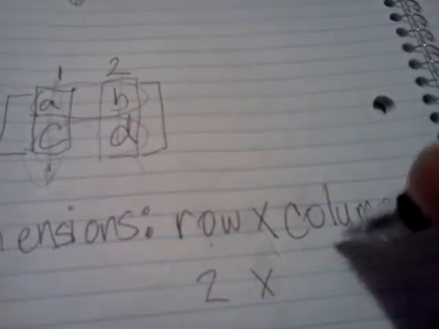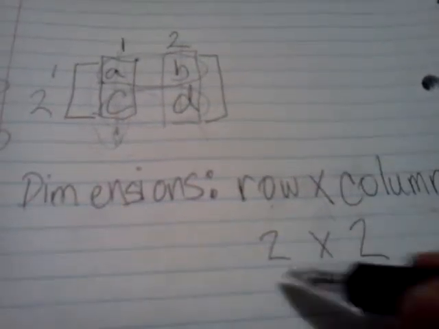So we just write 2 here. So our dimensions are 2 by 2, or a 2 by 2 matrix. So rows, columns.